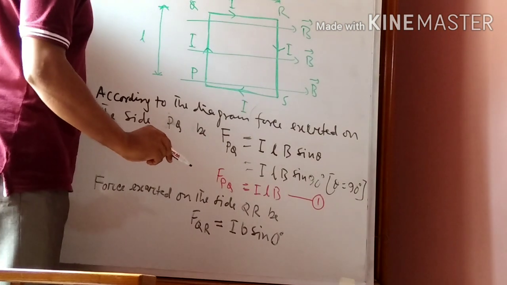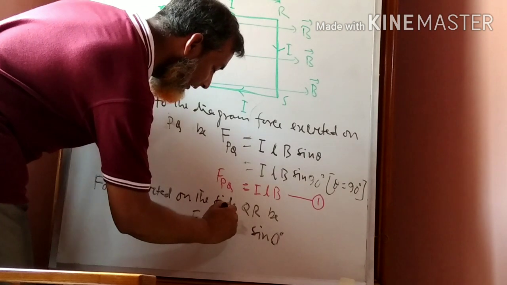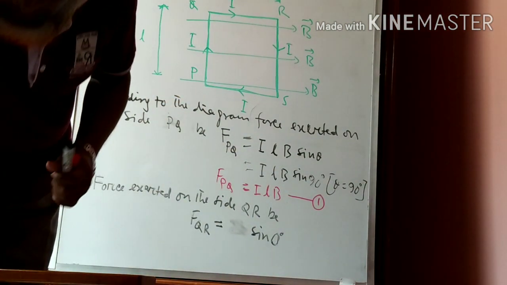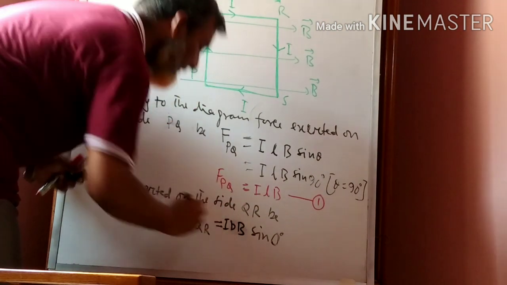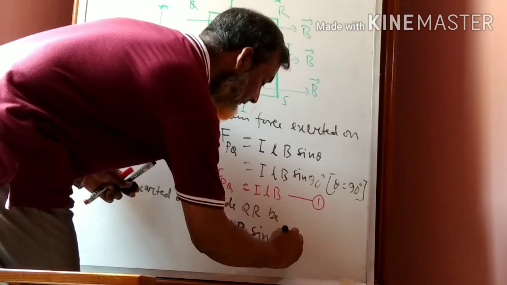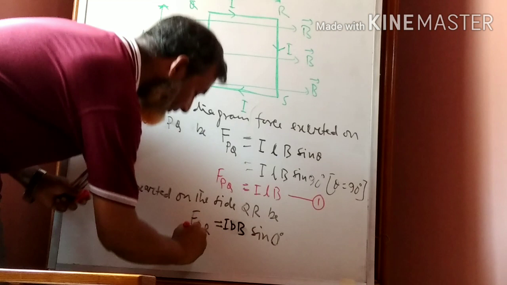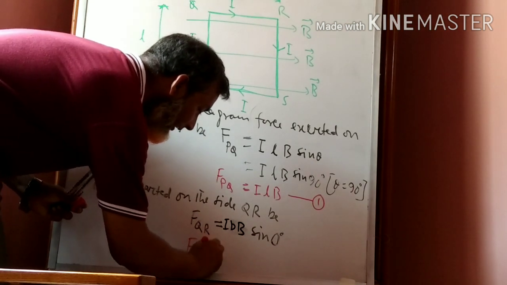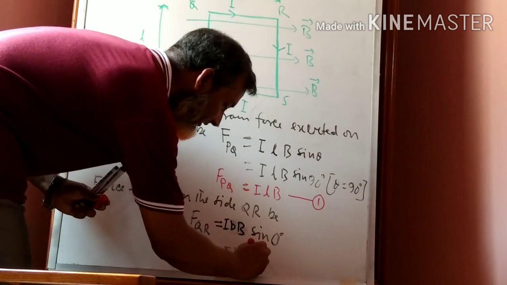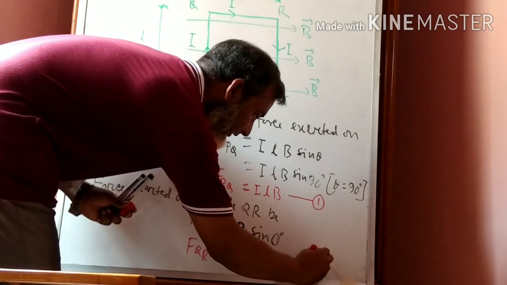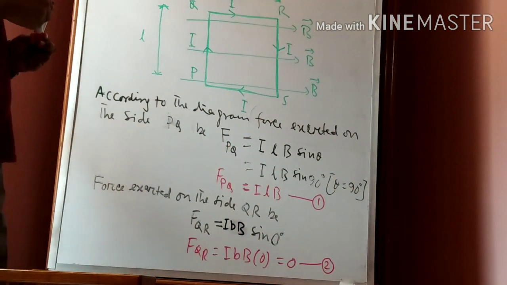So I b sin theta, so finally we get F QR is I b sin 0, and sin 0 is 0. That's why this part is 0. So F QR is 0.